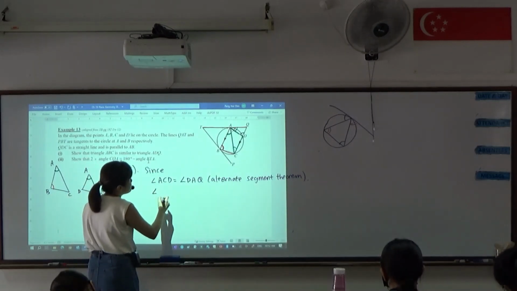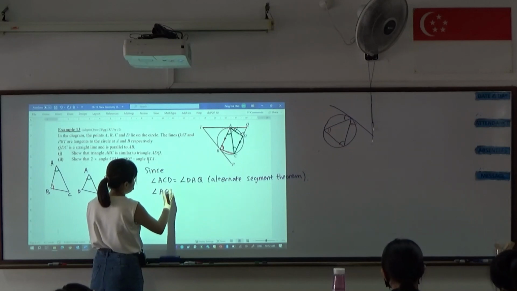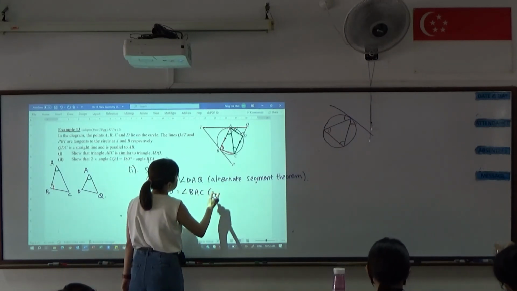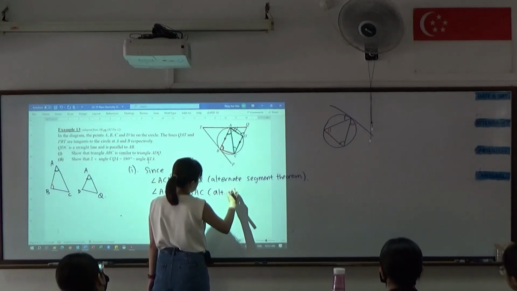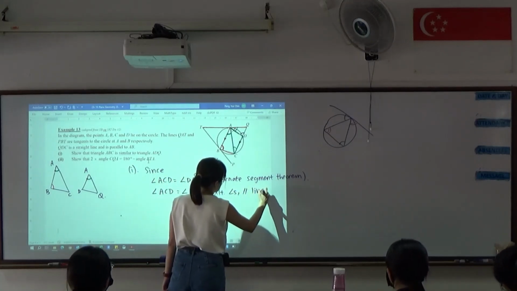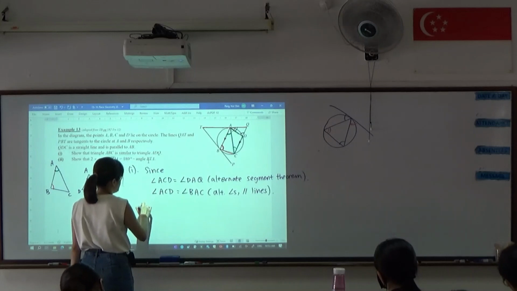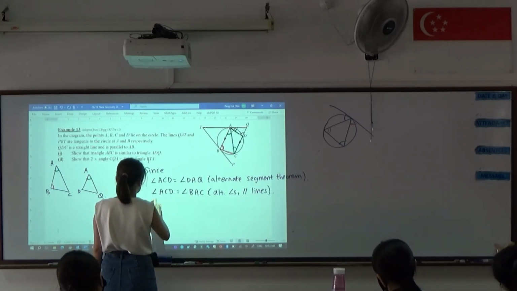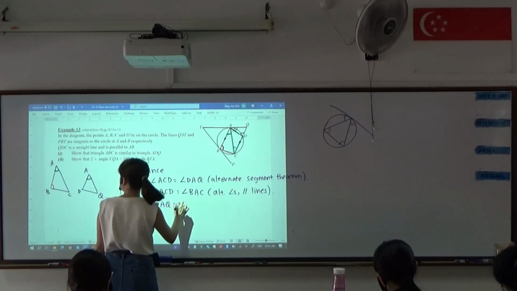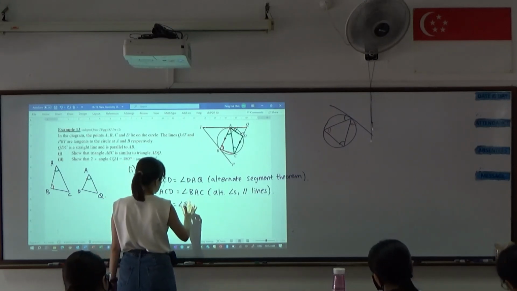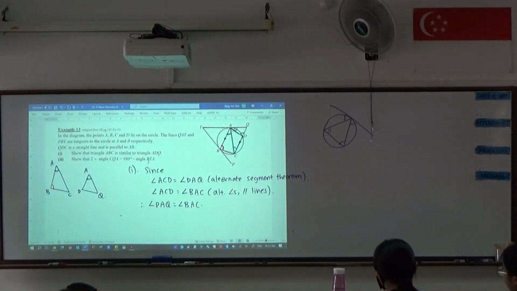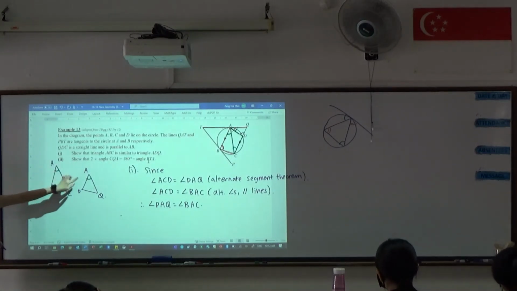And then angle ACD equals to angle BAC. So at least we got one pair of angles out of the way.